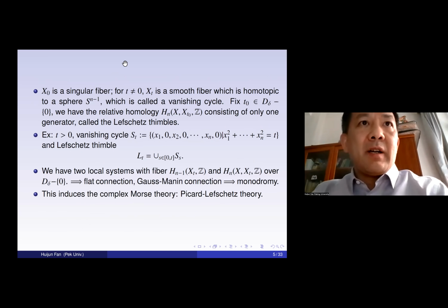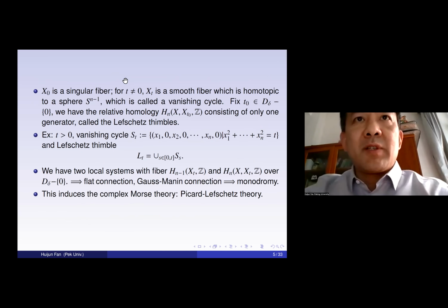In this fibration, X_0 is a singular fiber. For t not equal to 0, X_t is a smooth fiber, which is homotopic to a sphere S^{n-1}, which is called a vanishing cycle.